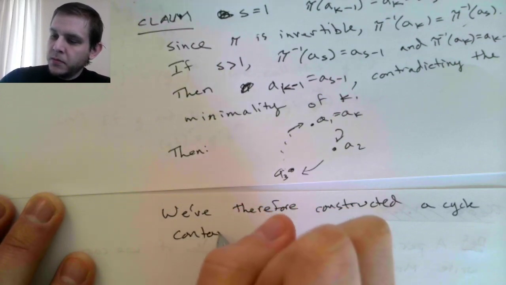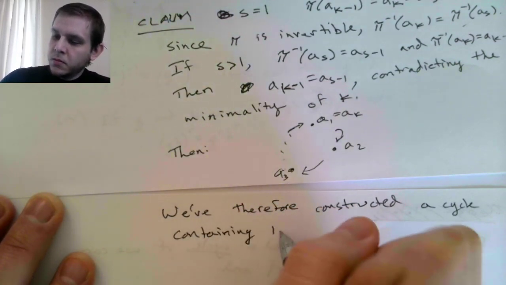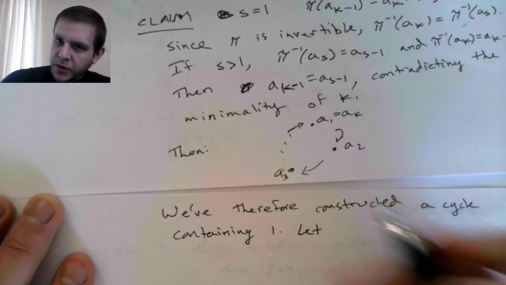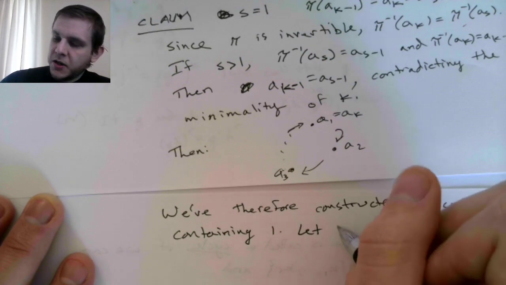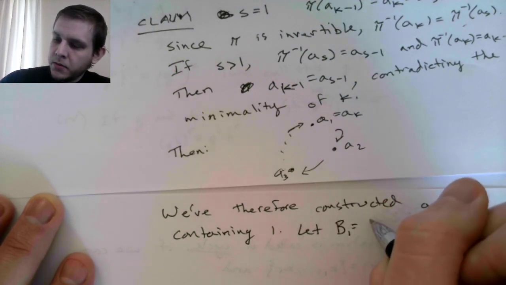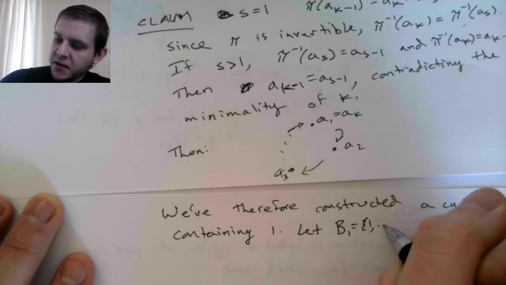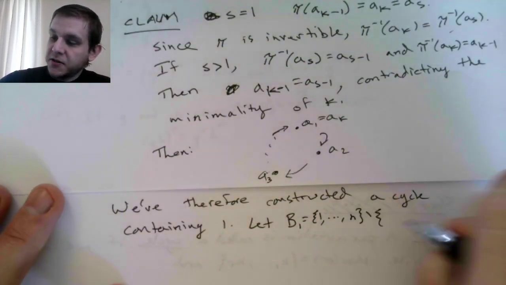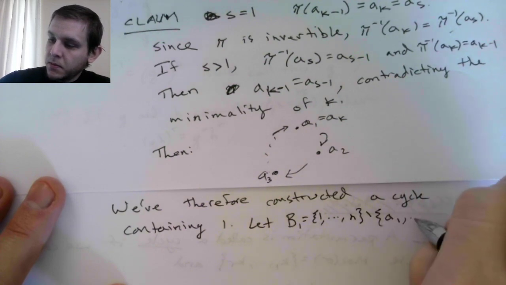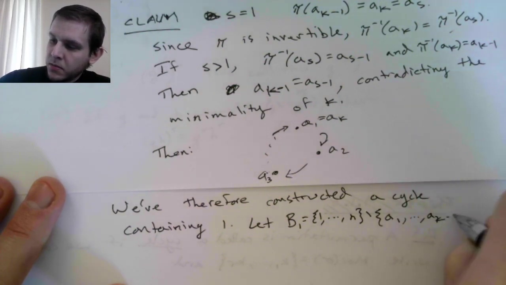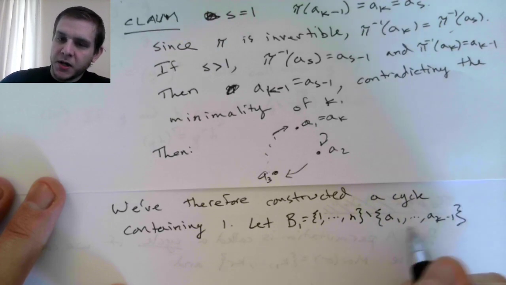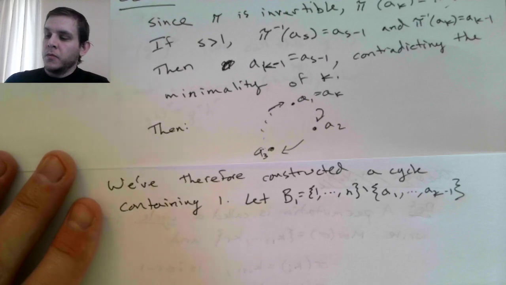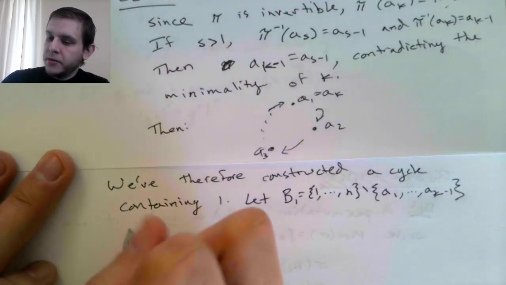Containing 1. So now, after I remove this, let's call this set B1. This is going to be the set, my original set, and I want to remove the cycle that I just built. Right, a sub k is equal to a1, so I don't need to add it to this set. So this is everything.